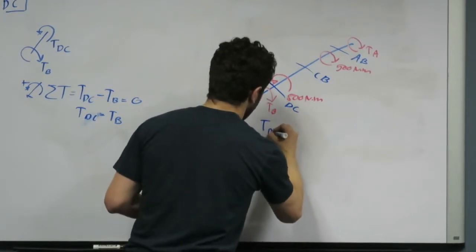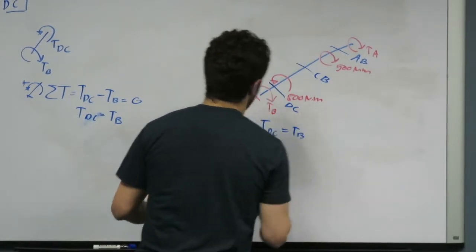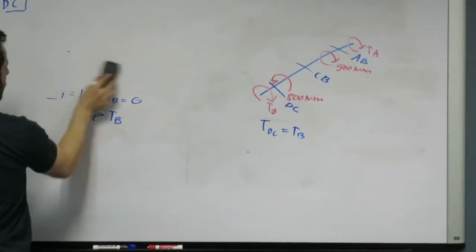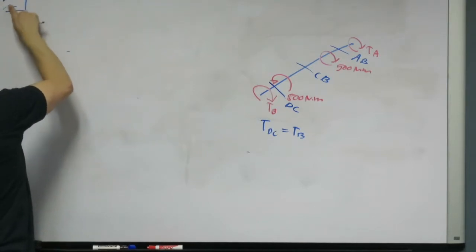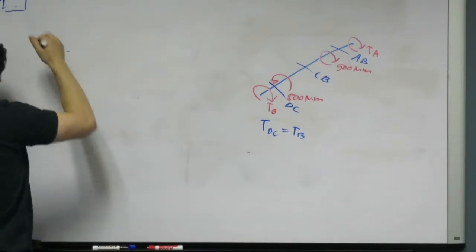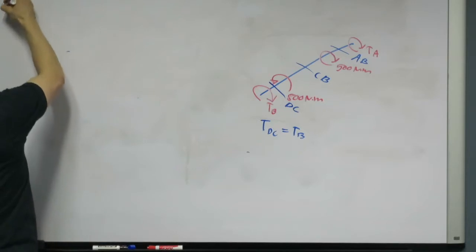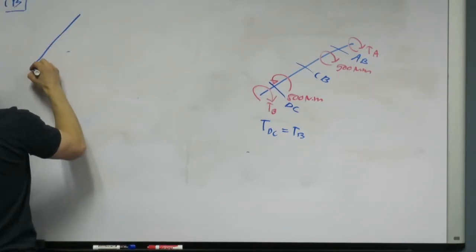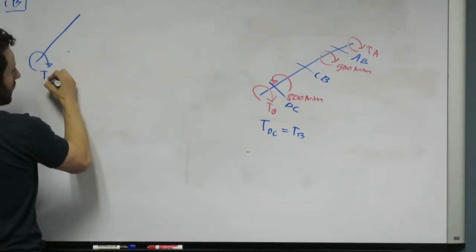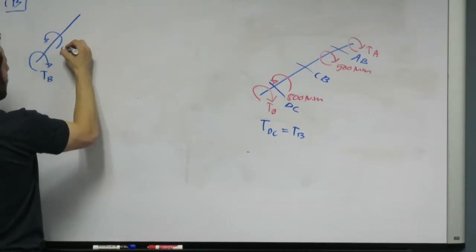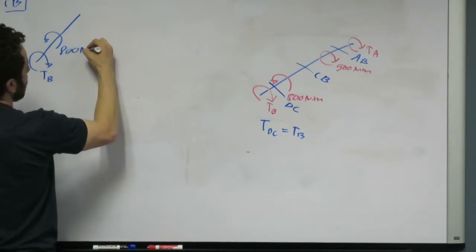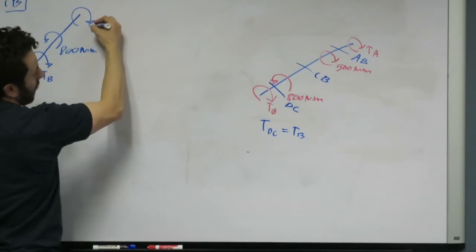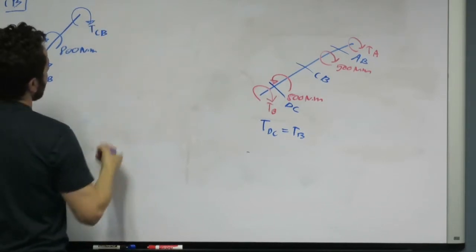So we'll write it over here. TDC equals TB. Now if we move to TCB, which is the next section, this is CB. We still have that reaction of TB. Now we have an applied load of 800 newton meters, and now we have a reaction here to that applied load, and that is TCB.